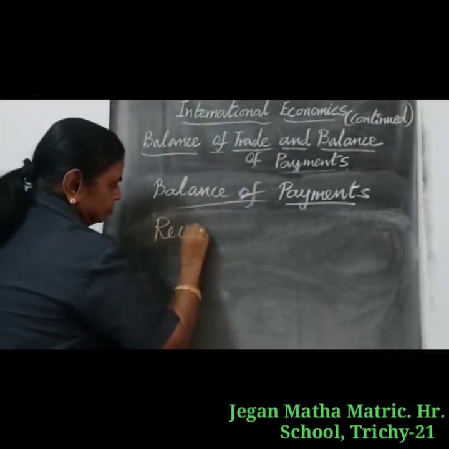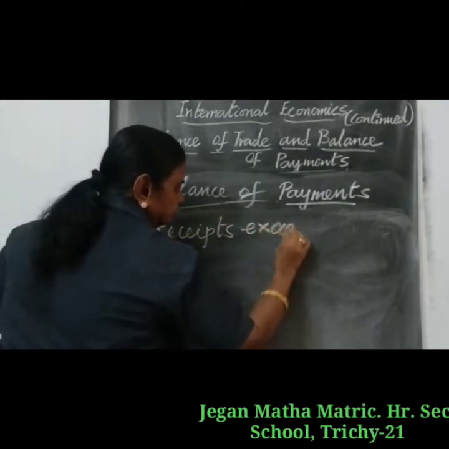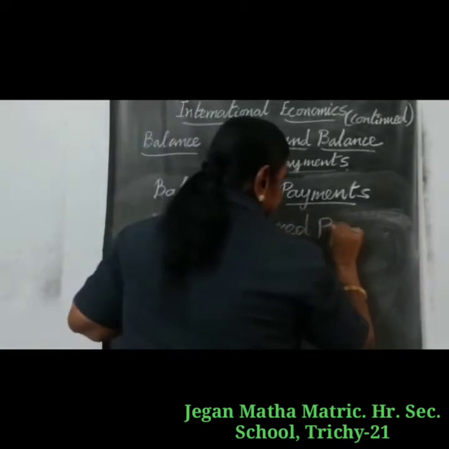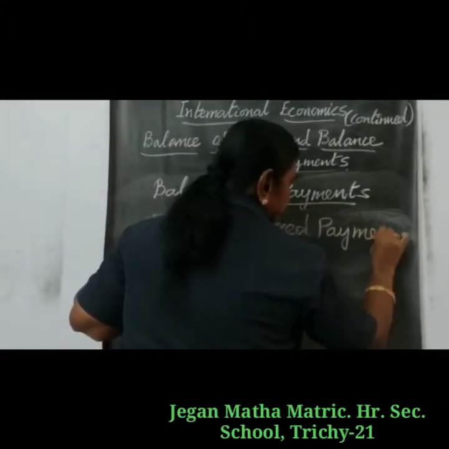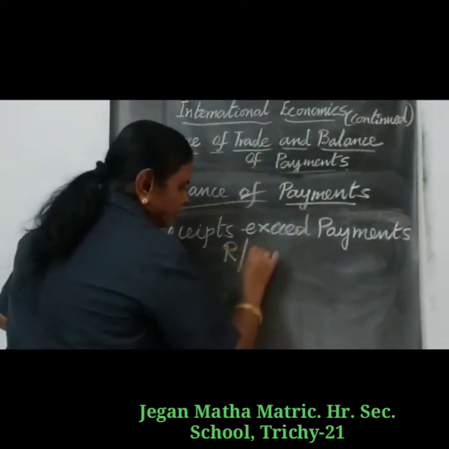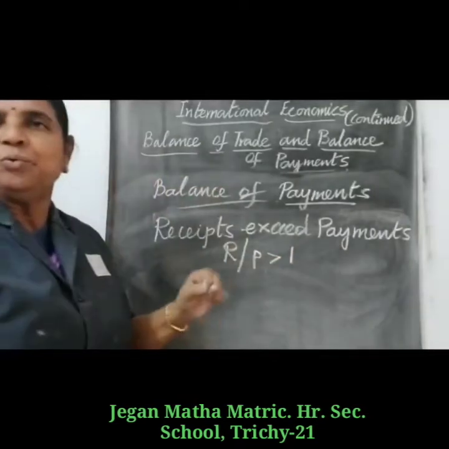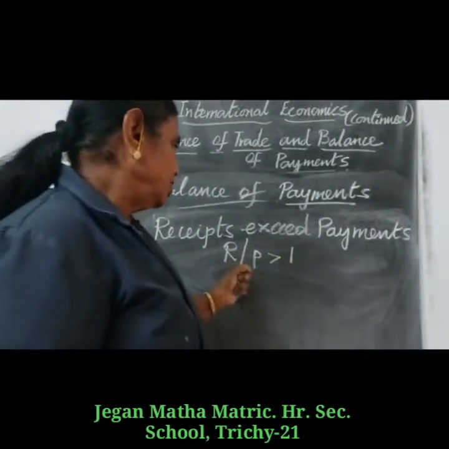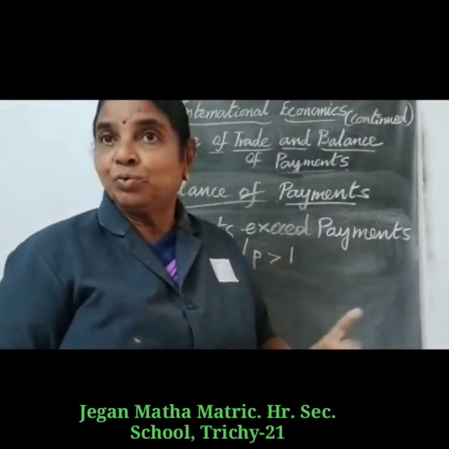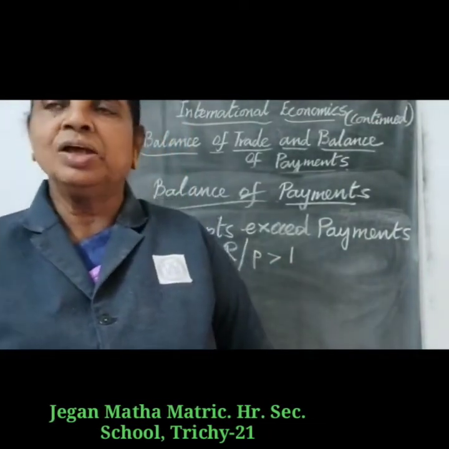So this we can easily remember: R divided by P greater than 1, then automatically it is a favorable balance of payments.